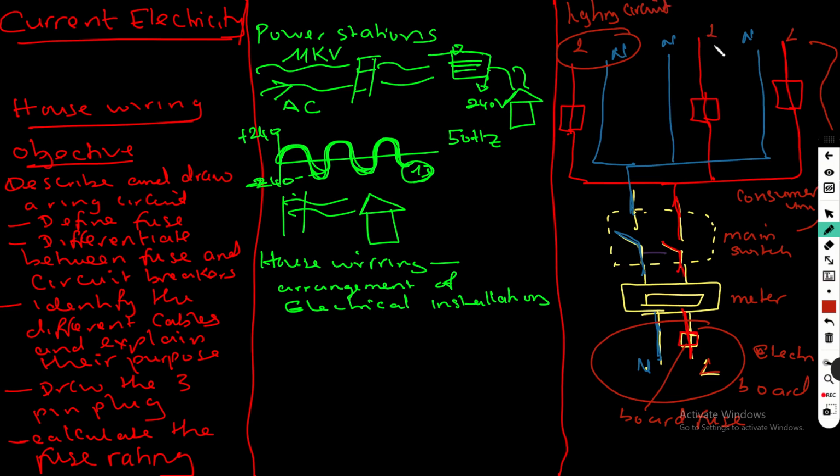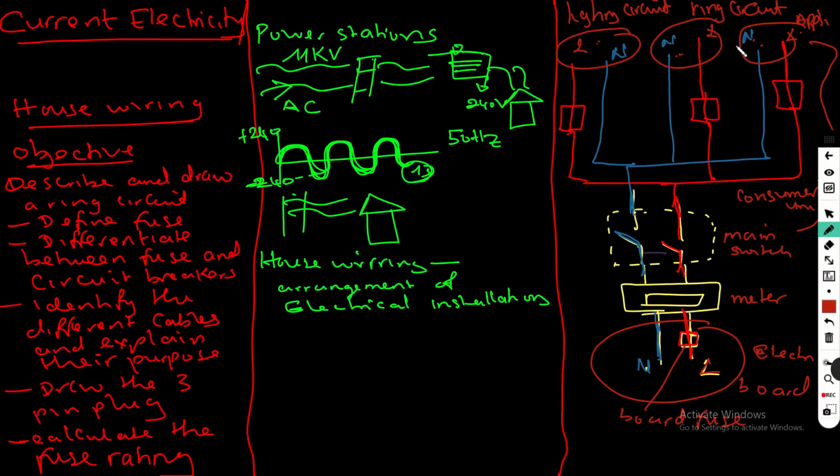This is the ring circuit, and this will have appliances. Sorry, my handwriting is poor. So this is a lighting circuit, this is a ring circuit, and this is what we call the appliance.